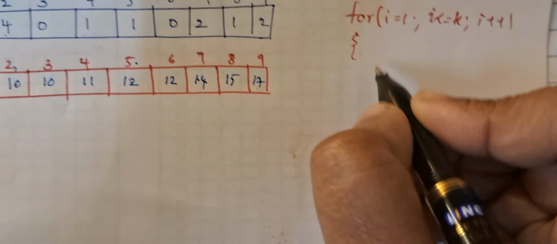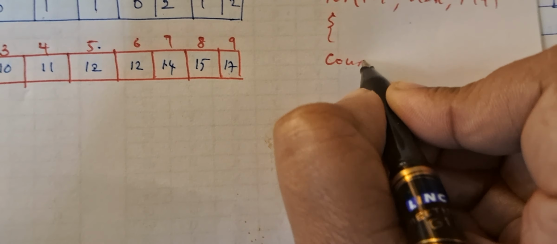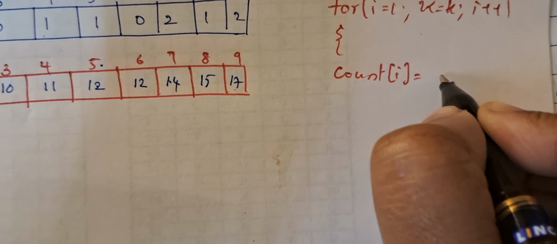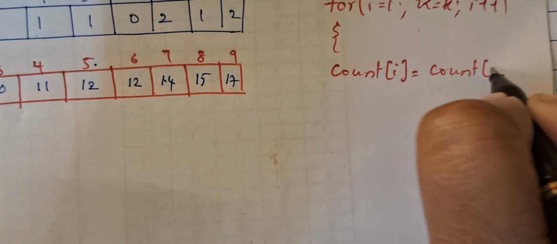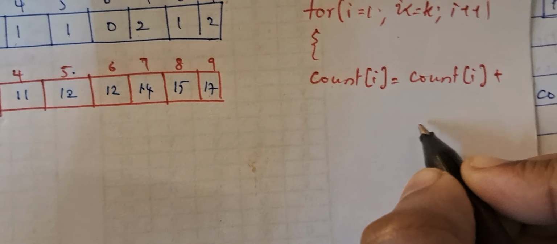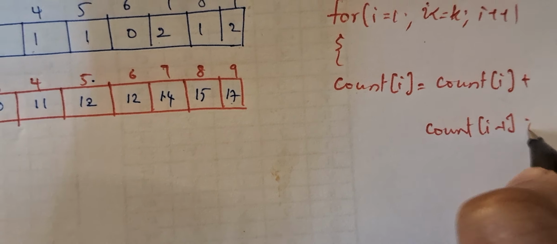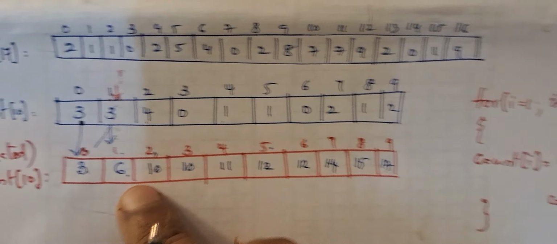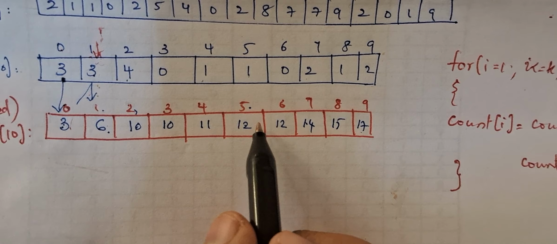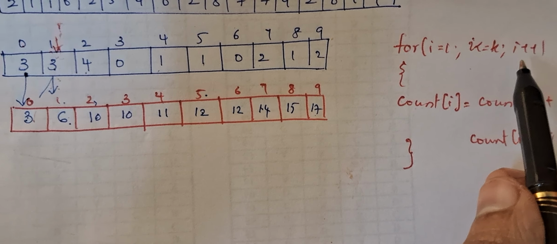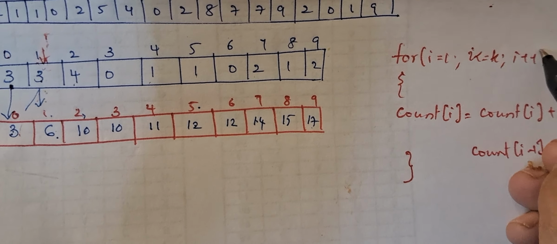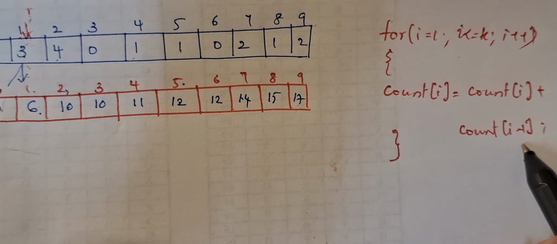In order to get the count of I, we add the current value with the previous value, count of I plus count of I minus 1. In this way you will get the elements in the count array. So: for I equal to 1, I less than or equal to k, I plus plus, count of I equal to count of I plus count of I minus 1.